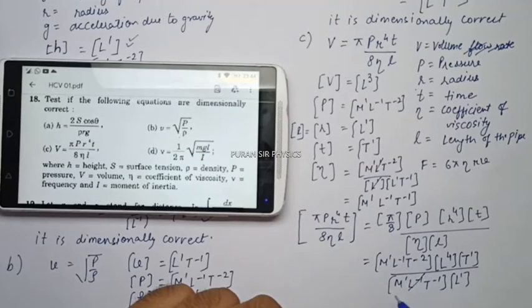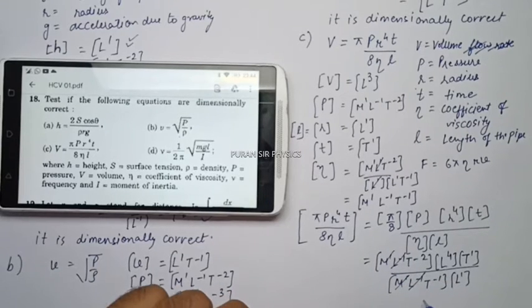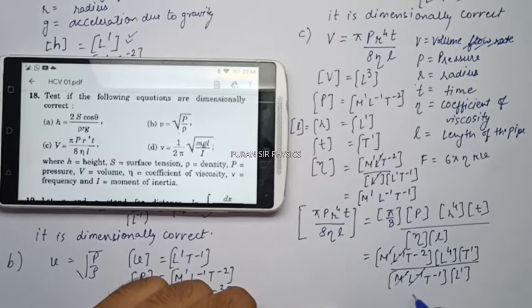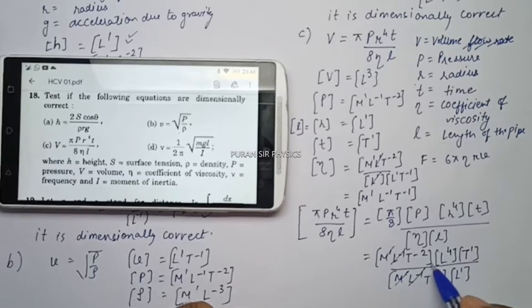So from here we can cancel out some things. So what we will get, see, T raised to power minus 2 here and T raised to power 1 here, so this will become T raised to power minus 1, and here also T raised to power minus 1, so this will cancel out.